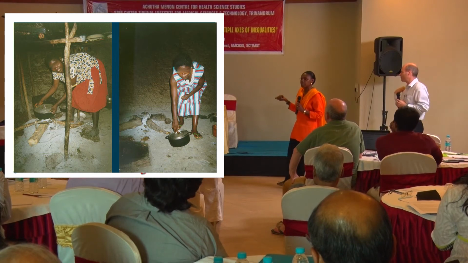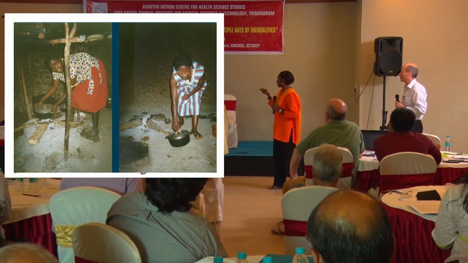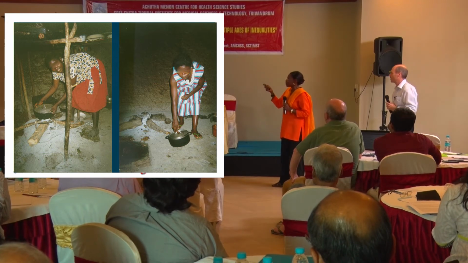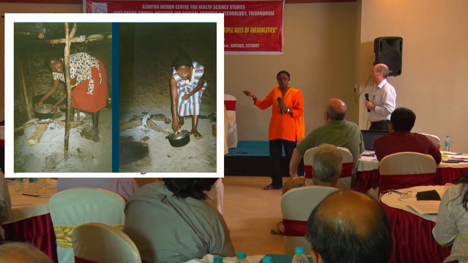Another example. This young lady has epilepsy, and she actually posed for this photograph. As a woman, she is not allowed to cook. She's not allowed near food, but the issue is burns, because within the rural communities they still cook over open fires and so on.